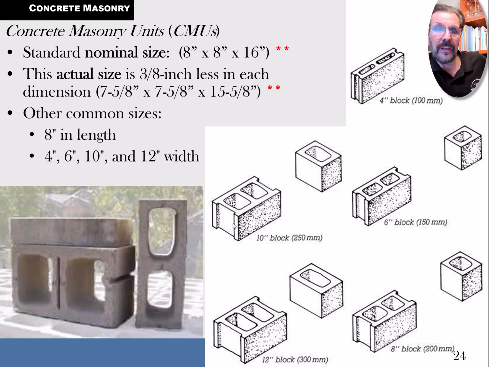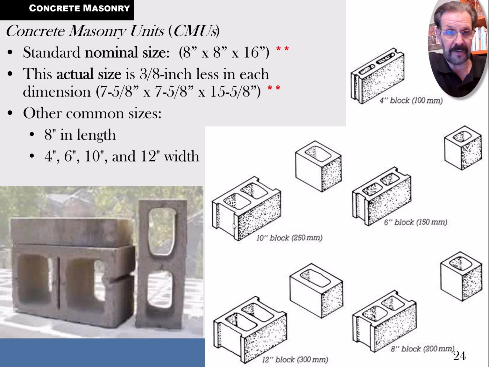So the logic here is that the nominal number is the installed dimension, including the mortar, and the actual size of the block is 3/8 of an inch less than that, because the mortar joint is supposed to be, and it's extremely reliably, 3/8 of an inch in a concrete masonry unit wall. In a CMU wall, or a concrete masonry block wall, the width of the mortar joints is very reliably going to be 3/8 of an inch.